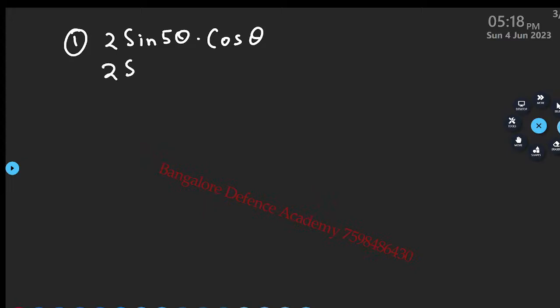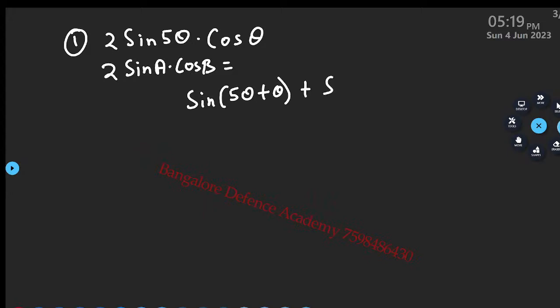It looks in the form of 2 sin A into cos B. So what are you going to do? Sin of A plus B plus sin of A minus B. Here sin of A plus B, 5 theta plus theta, plus sin of 5 theta minus theta. What is the final answer?